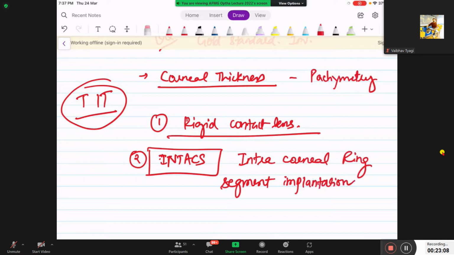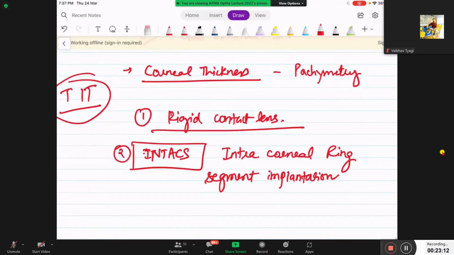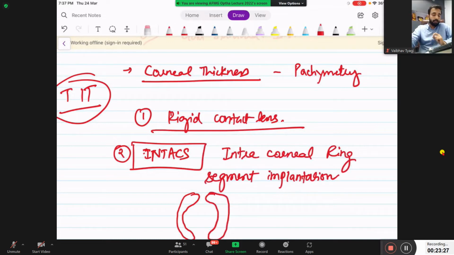So what do we do in this? Suppose this is our cornea. There are bean-shaped, kidney-shaped rings that are used in the cornea.